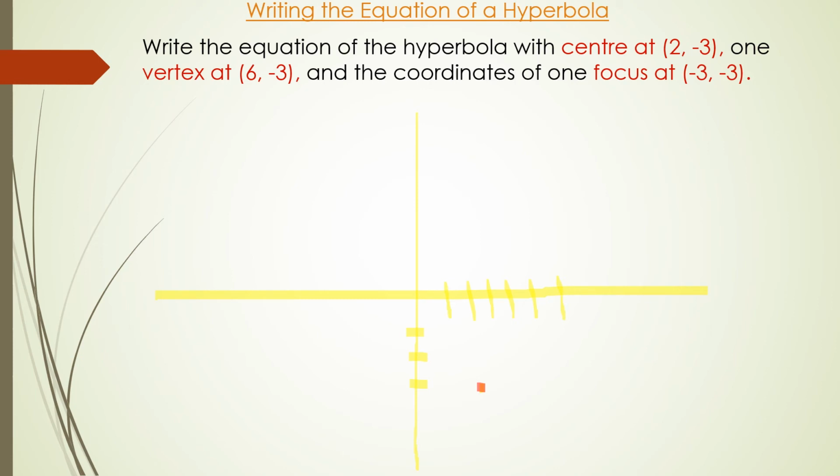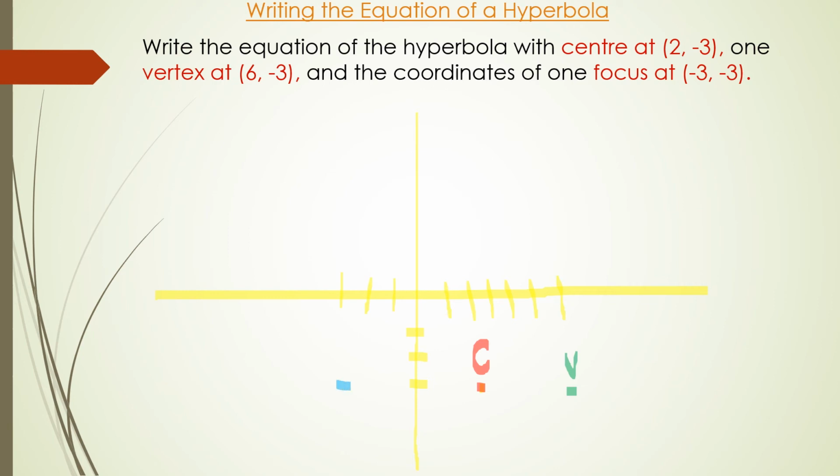The vertex is at this one, labeled V. And then you also have your center, labeled. And then your focus is at (negative 3, negative 3): 1, 2, 3, down to negative 3.